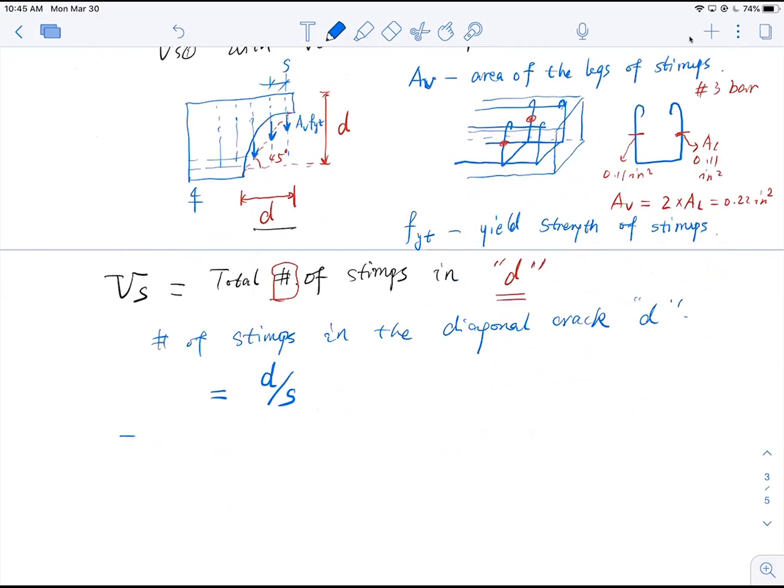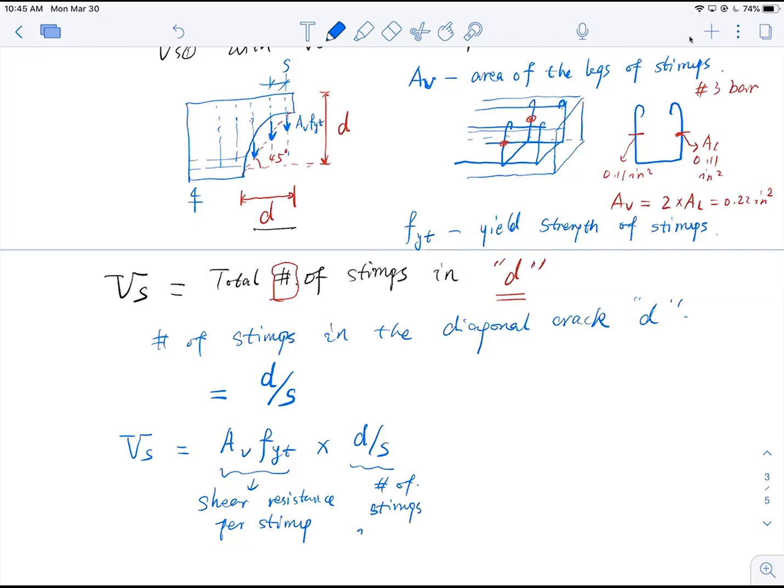The shear resistance from steel Vs equals AV FYT, that is the shear resistance per stirrup, multiplied by the number of stirrups in the diagonal crack zone.